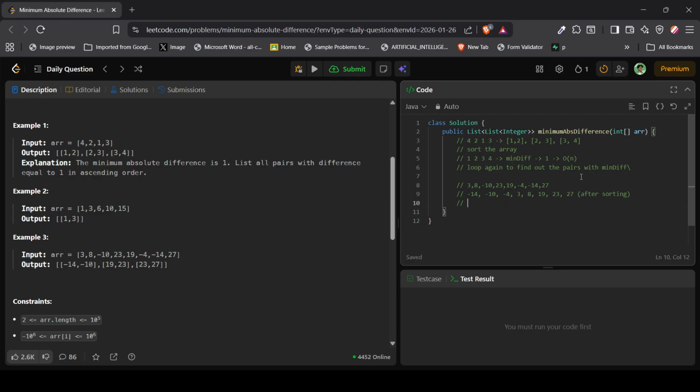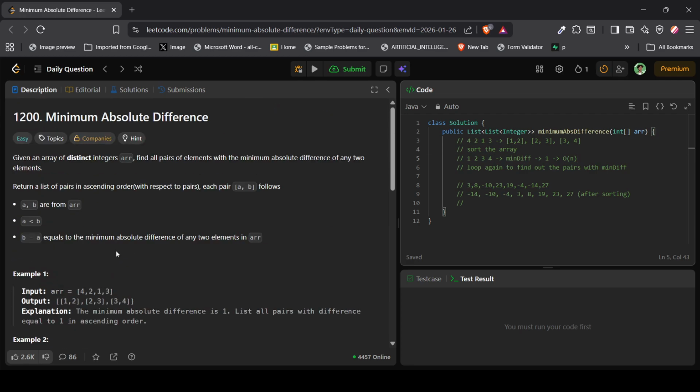Okay, so while calculating the minimum difference, we'll also have to find the absolute difference, because minus 14 minus 10 would result in minus 14 plus 10, right? We don't want that, because the number we'll be getting is minus 4. We don't want minus 4.